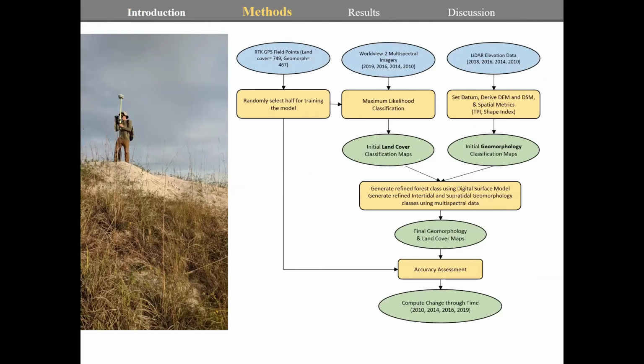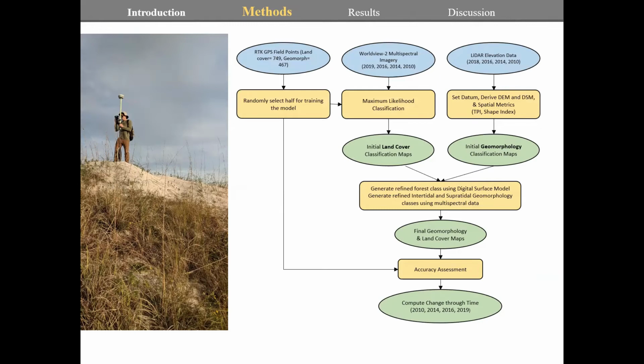The workflow in general, and I'm not quite sure how well you can see all of the words on this workflow diagram, but in a nutshell, there's always field work involved in a good land cover and geomorphology study. And so numerous field efforts have been involved to collect RTK GPS points.